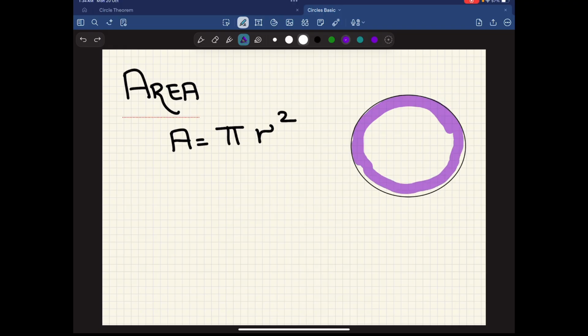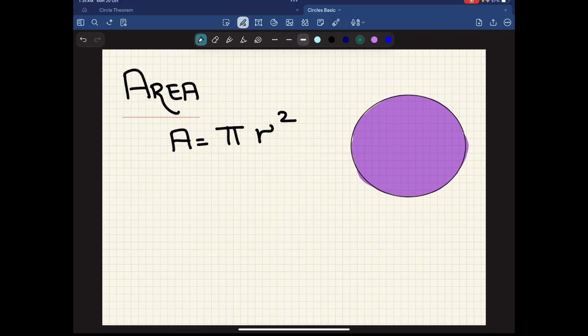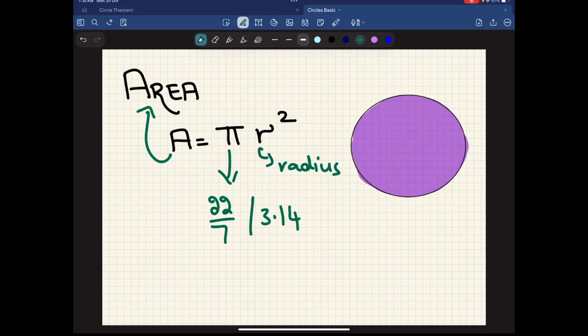The circumference is just the outline or the perimeter of the circle, while the area is the space inside the circle. Okay, so to calculate the area, the formula is pi r square, where A is the area, r is the radius, and pi is the ratio between the circumference and the diameter of the circle.